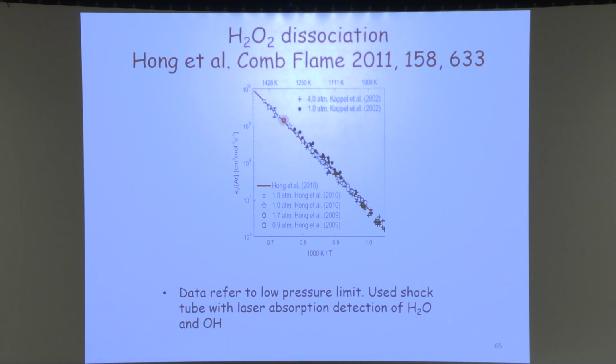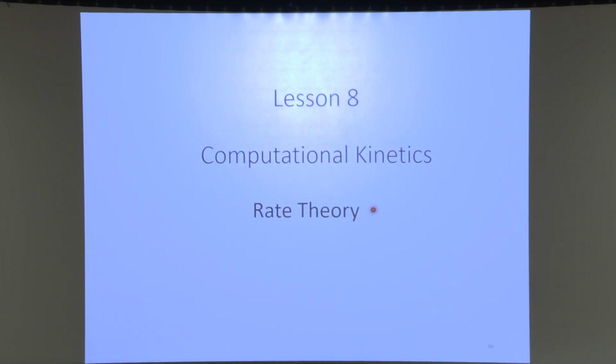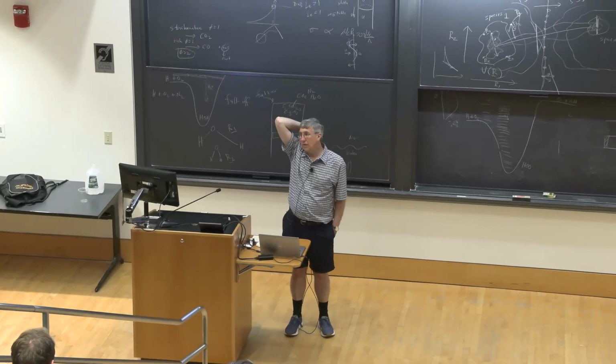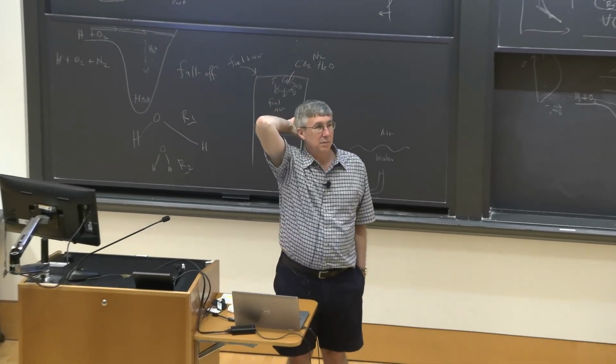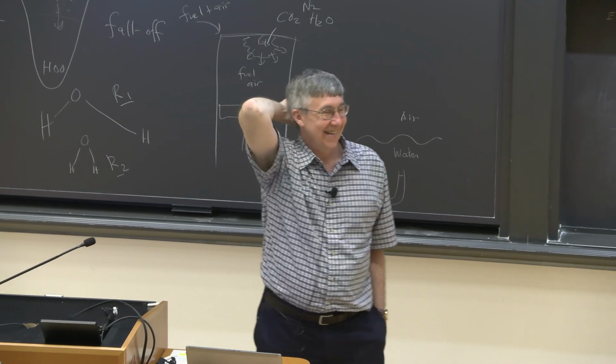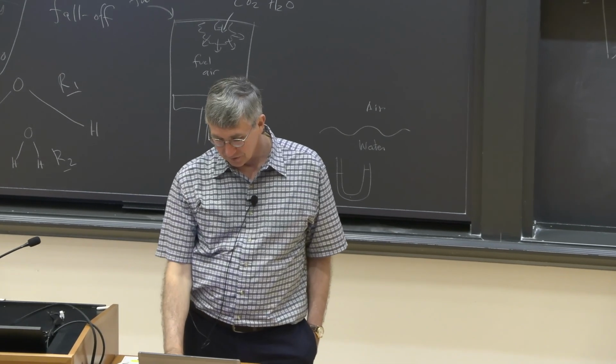And Hong's paper combines all kinds of previous experiments, and basically they all agree about this. All right, so that's all about experiments. Now you saw how complicated they are. Maybe it makes the computation seem simpler by comparison that you might have seen before. So let's go back to the computations for a second.